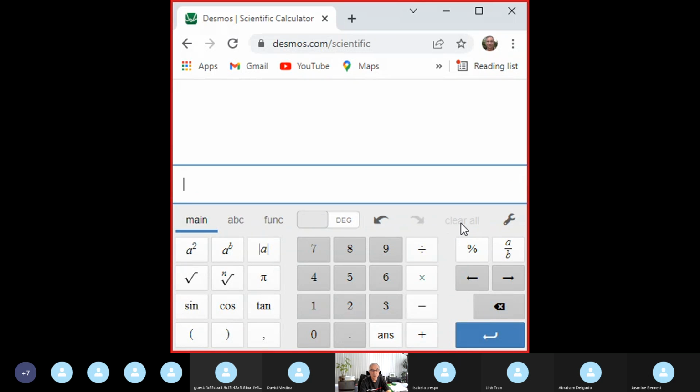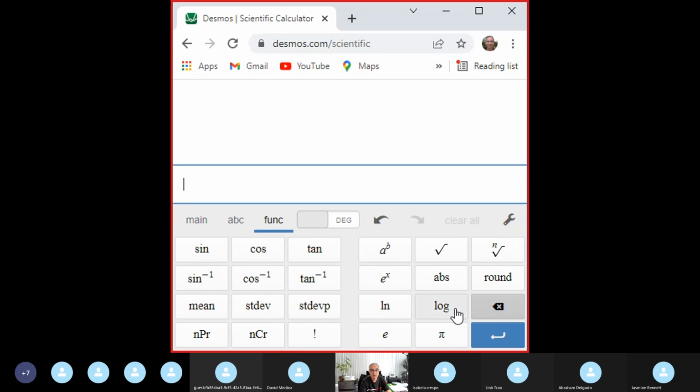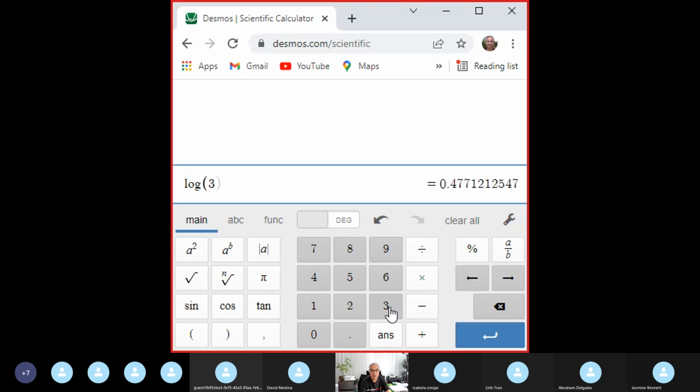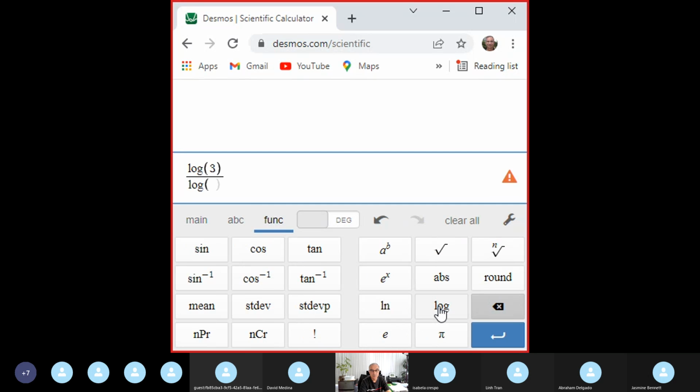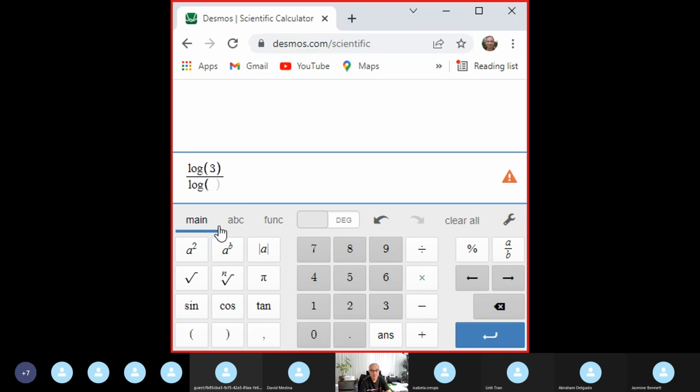Okay, clear all. Here I put in my calculator log(3), outside the parenthesis, division, log again of 2. Boom, I copy that.